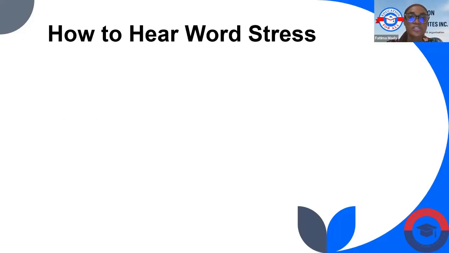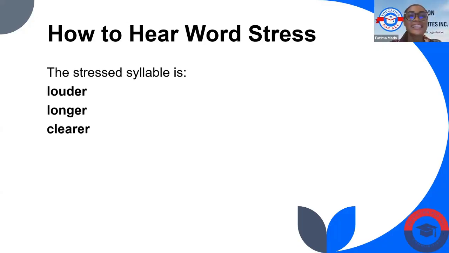Hotel. So how do we hear word stress? The stressed syllable is louder, longer, and clearer. If you want to know where the stress is, you need to find the syllable that is louder, the syllable that makes you put more energy. Table, and it's longer.